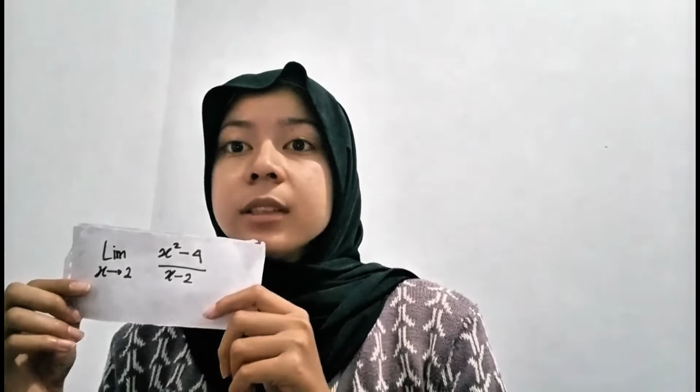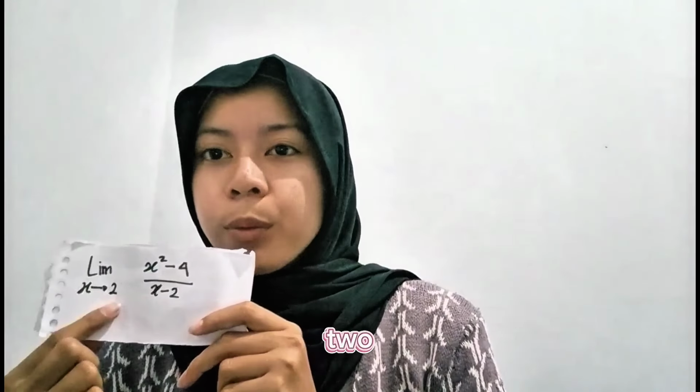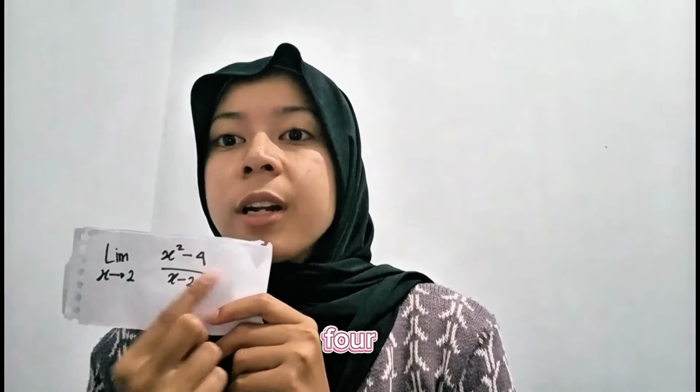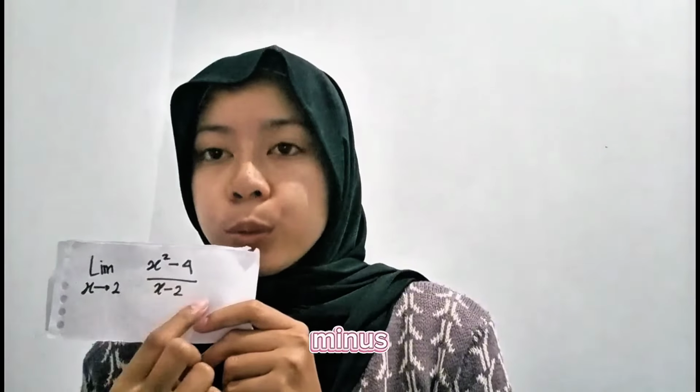Guys, sometimes direct substitution gives you 0 divided by 0, which means we need algebra first. For example, we have the limit as x approaches 2 of x squared minus 4 divided by x minus 2.